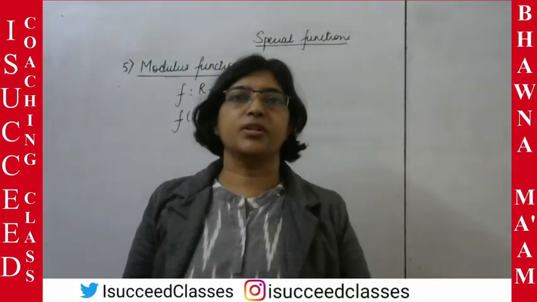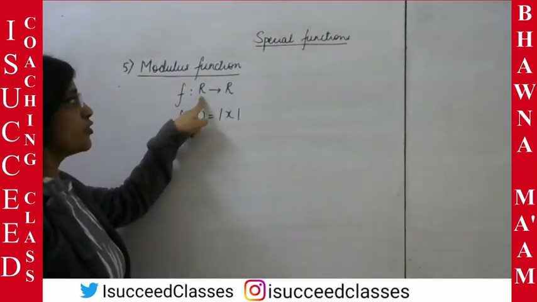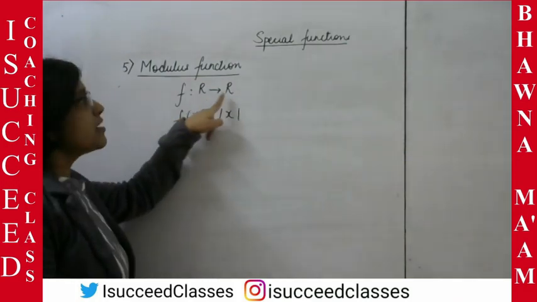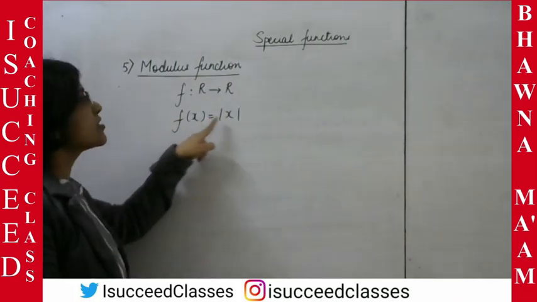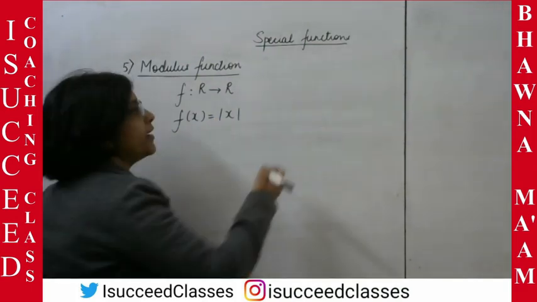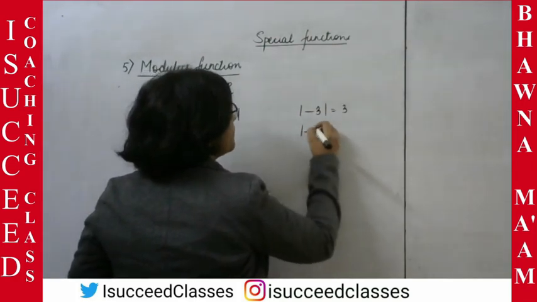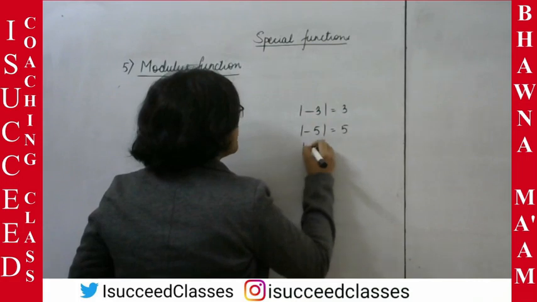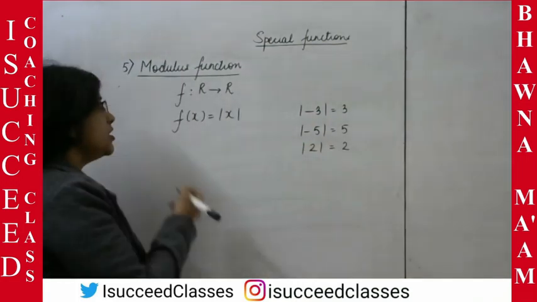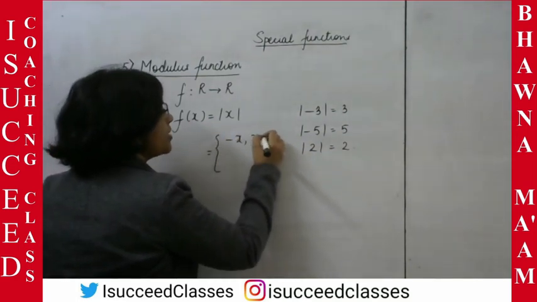The next one is the modulus function, which is defined as f is a function from real numbers to real numbers. That means the domain and the codomain are both real numbers. f(x) is equal to modulus x. Now, by modulus x, we know that the negative numbers should also become positive. And obviously, the positive numbers are going to remain positive. So we need to redefine this, and we can write minus x for x less than 0.